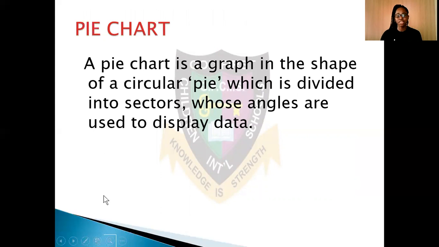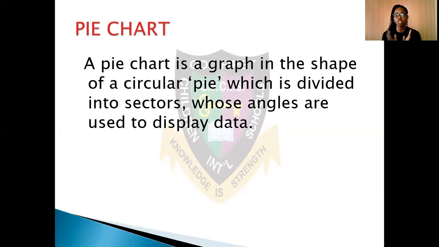A pie chart is a graph in the shape of a circular pie, which is divided into sectors whose angles are used to display data. It is a circular form, divided into sectors, meaning a portion of angles.